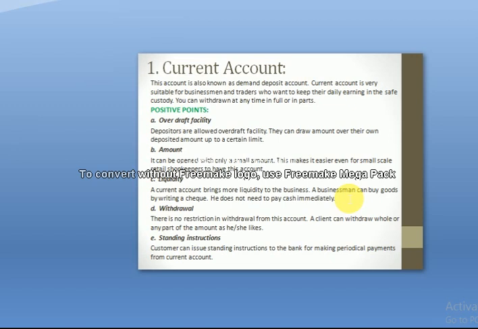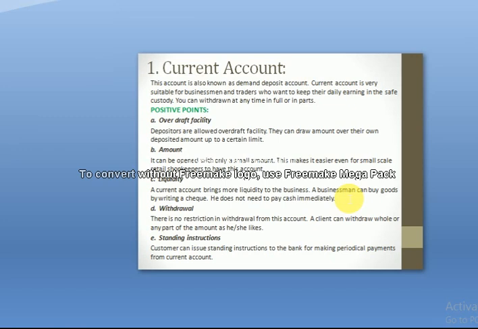Now, these accounts have some advantages and some disadvantages, or we can say the positive points and negative points of the current account. So the positive points, or advantages, of the current accounts.